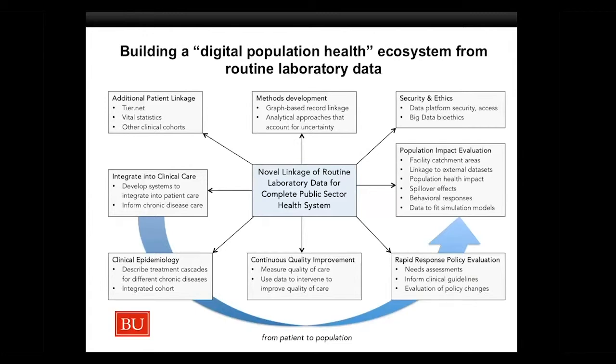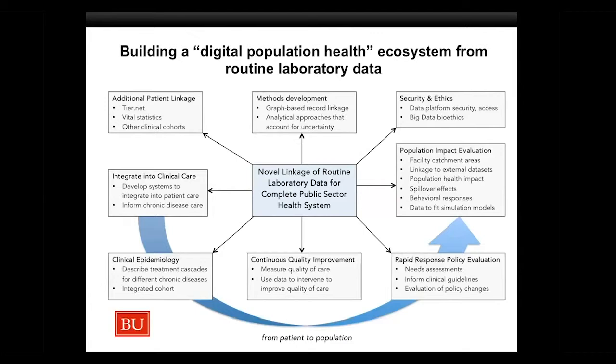There's potential additional patient linkage with other individual level data sets in existing clinical cohorts, and potential to integrate this cohort into systems of clinical care. We're already sending reports to clinics of patients who have elevated viral loads for them to act on. And that's an intervention that we're looking to evaluate.